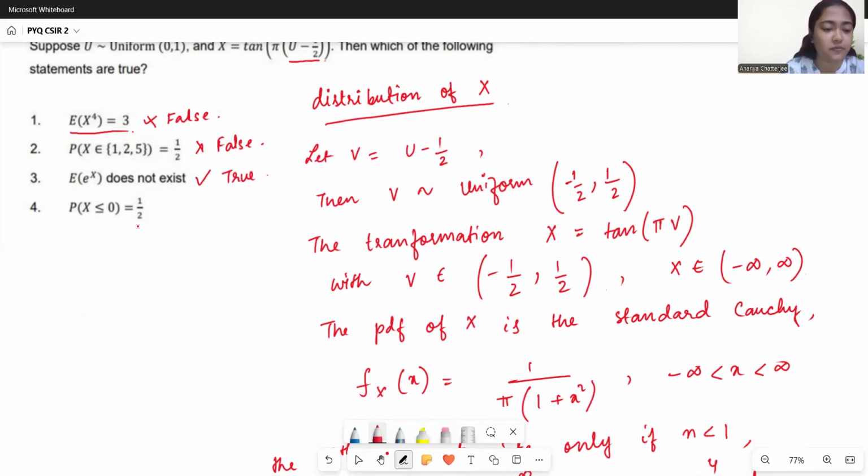So moving to statement 4, it is given probability x less than or equal to 0 is half.